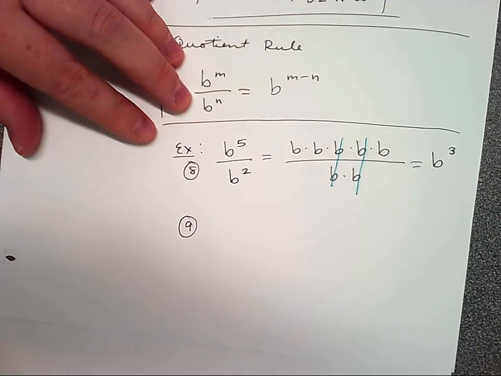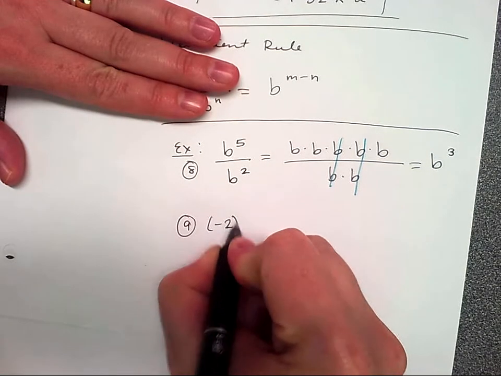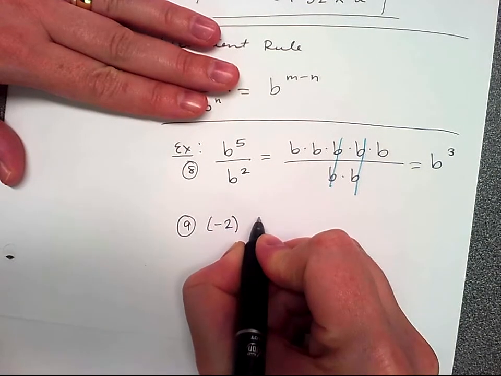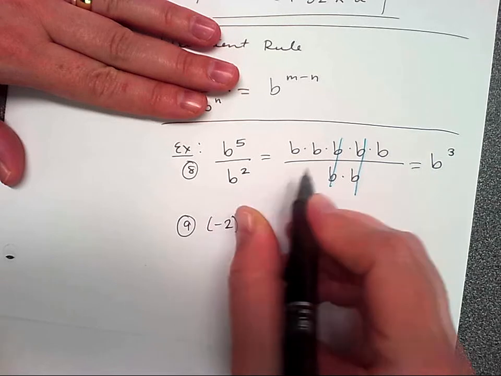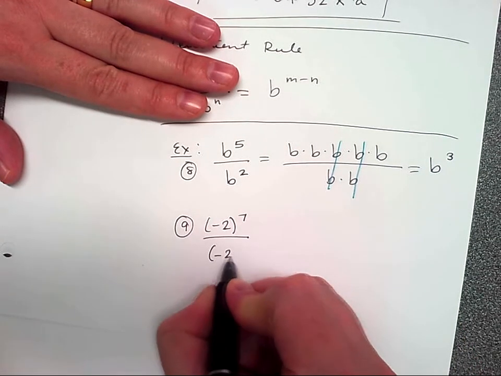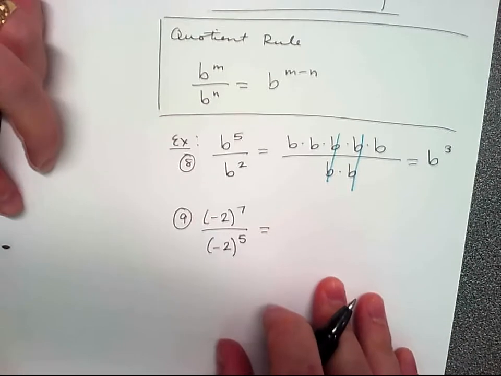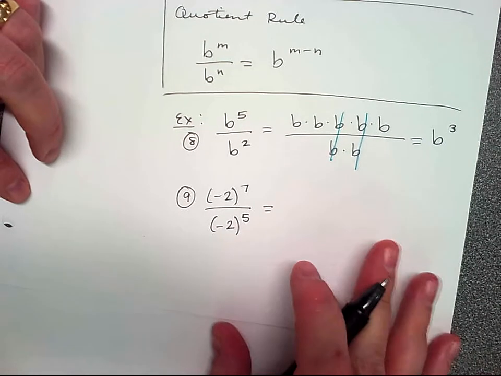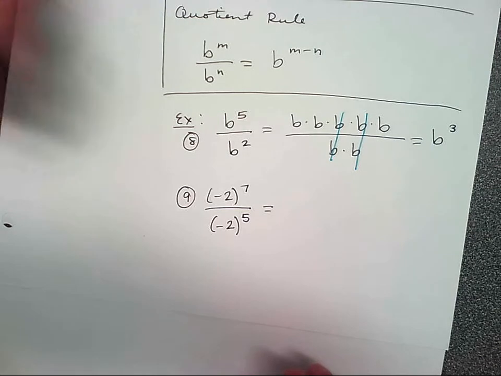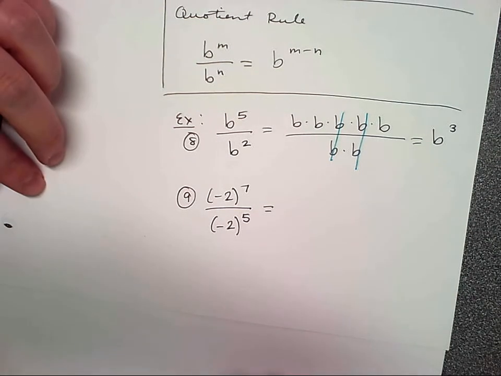All right, I'm going to try to trick you guys. Get ready for it. So I have negative 2 to the 7th over negative 2 to the 5th. Okay, what do I do with my rules of exponents? If it's a negative times a negative, it's always a positive.